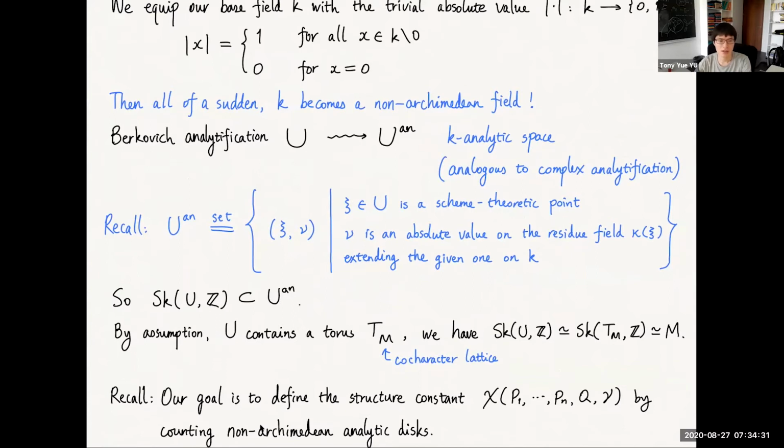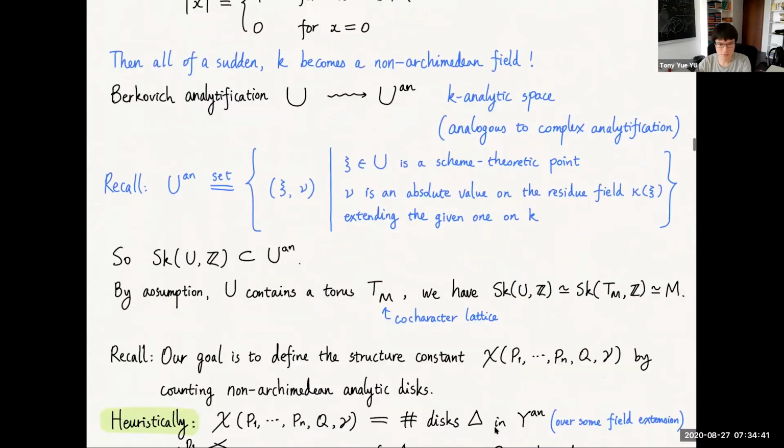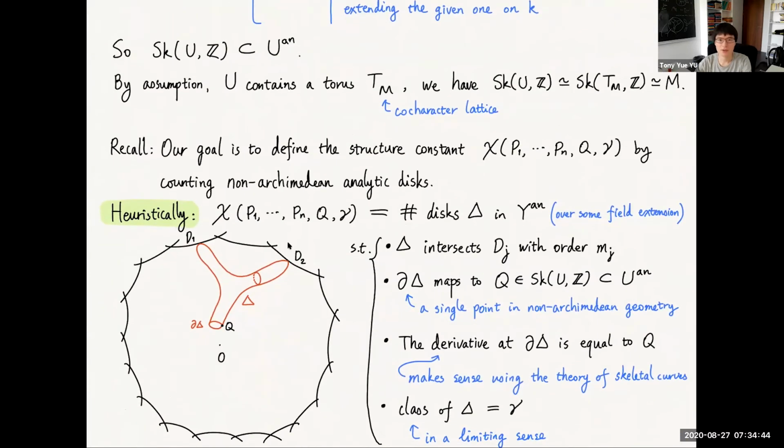And recall, our goal is to define the structure constant χ by counting some non-Archimedean analytic disks. So what do we count? Heuristically, we want to define this structure constant χ(P_1, ..., P_n; Q, γ) to be the number of holomorphic disks in the analytification of Y like this. So here are the heuristic conditions that we impose.